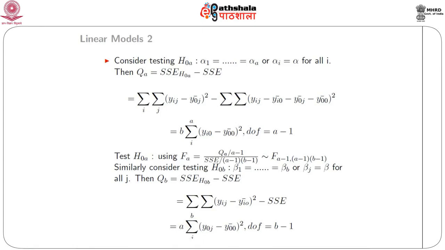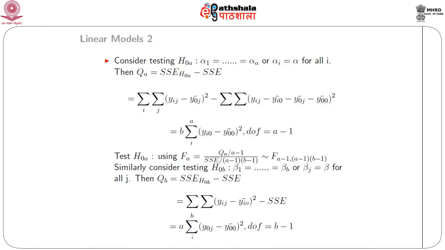Now, test H naught A using that big expression with degrees of freedom a minus 1 and a minus 1 times b minus 1. Similarly, consider testing the hypothesis for beta using QB, and you get degrees of freedom equal to b minus 1. Just as in the last case, we have degrees of freedom equal to a minus 1.